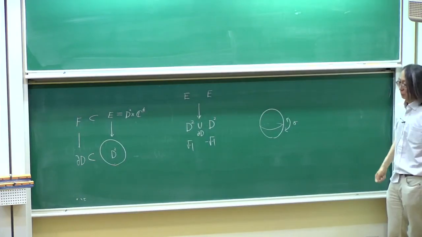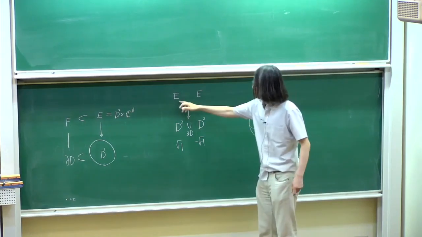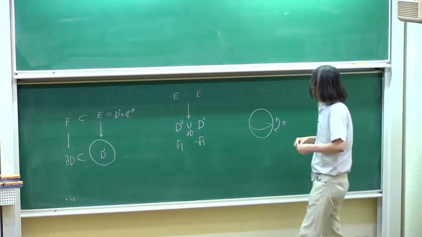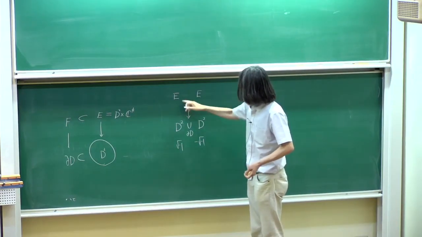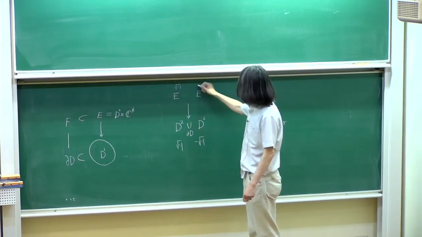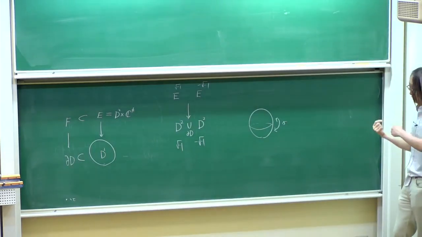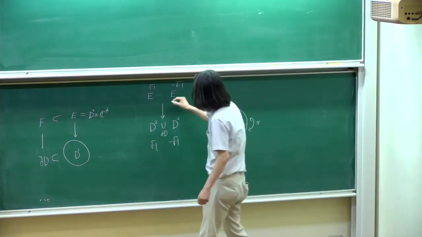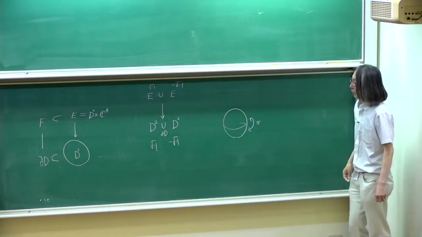So I have a complex vector bundle, but here I just regard them as a real vector bundle. And then somehow here I put the complex structure like this, and here I put the complex structure like this. So just take the conjugate ones, and then want to glue them together by the following formula.